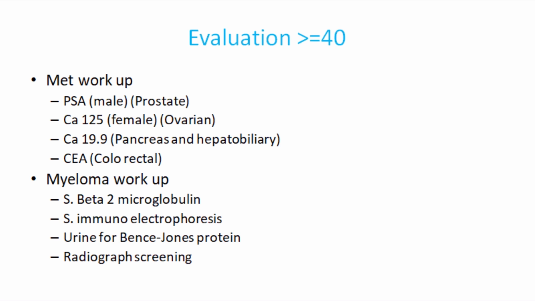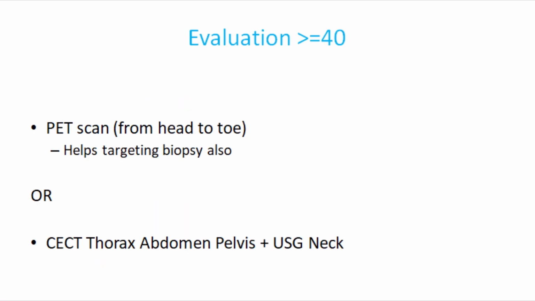Serum immunoelectrophoresis with immunofixation, free kappa and lambda chains, urine for Bence-Jones protein, and skeletal survey will help in diagnosing multiple myeloma. If all these investigations fail to identify the primary malignancy, FDG PET scan from head to toe is the investigation of choice. PET CT also gives an idea about the disease burden and helps us to identify a more accessible site for subsequent biopsy.